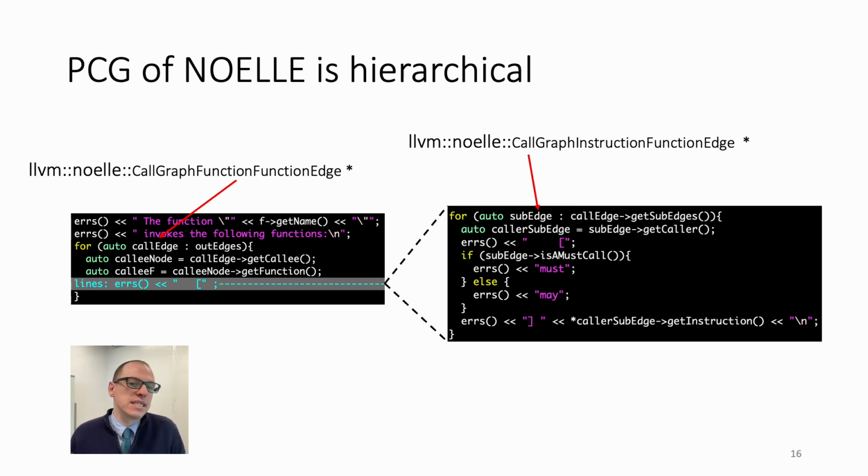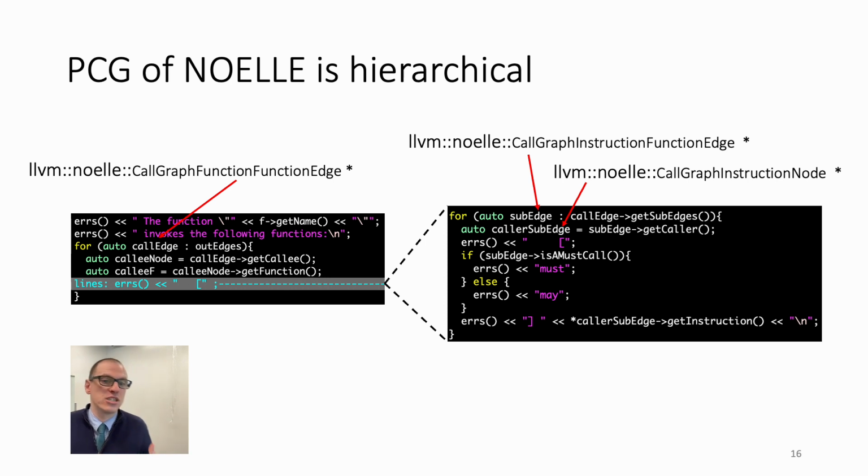And then, of course, this is an edge, therefore you can check if this edge is a may or a must. And if from a sub-edge you invoke getCaller or getCallee, you're gonna get the object that represents the caller or the callee. The caller is gonna be the source of the edge, which is an instruction of the function.